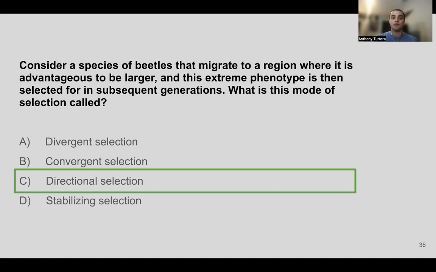We'll go over the different modes of selection here, but the reason is because directional selection is selecting for an extreme phenotype, one on one side of the spectrum and not just in the middle. Because it selects for the large beetle, this is going to be directional selection.